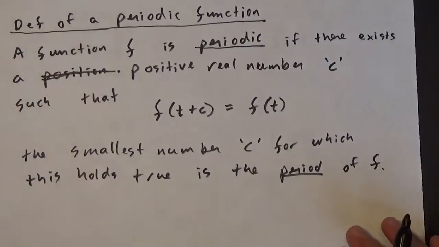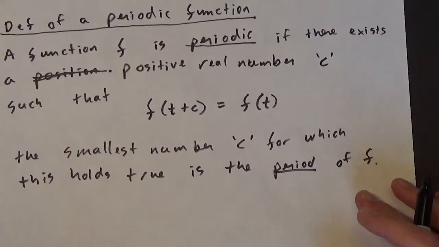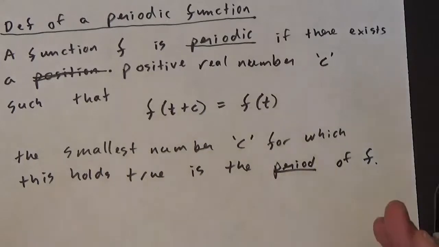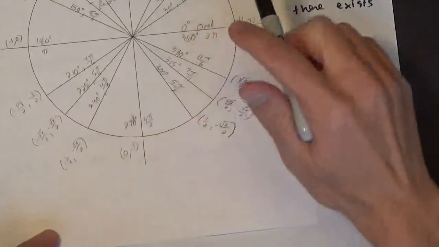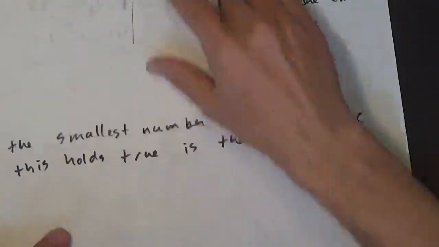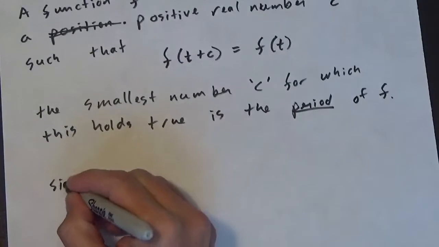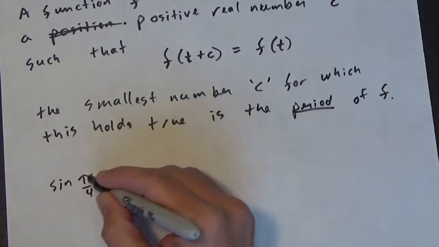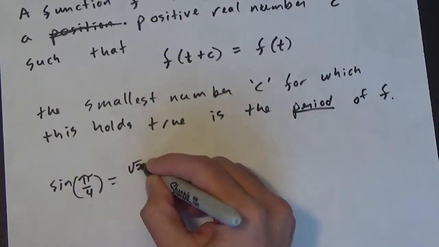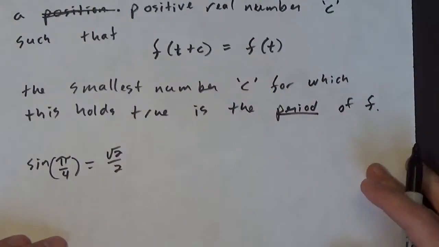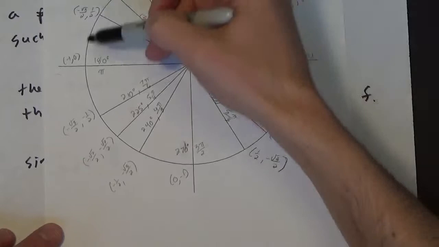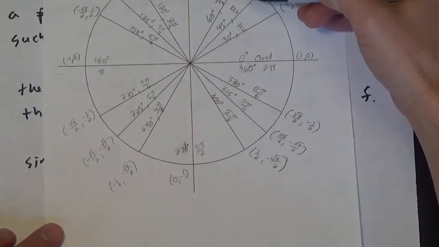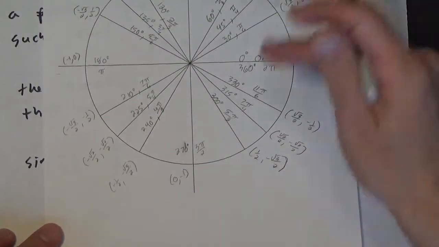Okay, so let's go ahead and take a look at how this works. We already started with the idea of pi over 4, and so we're going to continue with pi over 4. Now we know the sine of pi over 4 equals the square root of 2 over 2. Now we took pi over 4 and then we added 2 pi to it and we got to the same position.